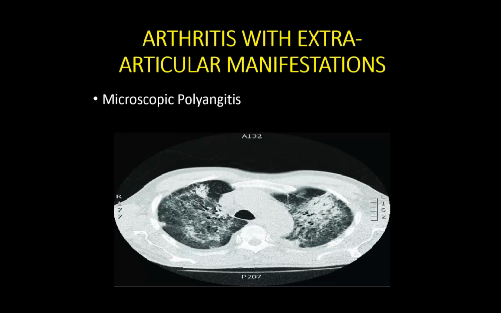Microscopic polyangiitis is affecting the smaller blood vessels. The other condition which presents with alveolar hemorrhage is Goodpasture syndrome, antiglomerular basement membrane disease. Alveolar hemorrhage can also be a manifestation in systemic lupus. It can also occur in people with microscopic polyangiitis, which is a vasculitis, small vessel vasculitis.